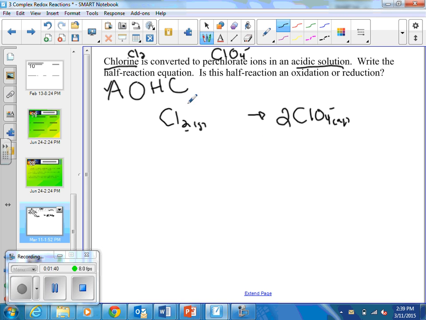Next step is balance the oxygens. In order to balance oxygens, we have to add waters to whichever side is lacking oxygen. On this side I have 4. On this side I have 0. So if I want 4 oxygens, each water contains 1. I need to have 4 H2Os.